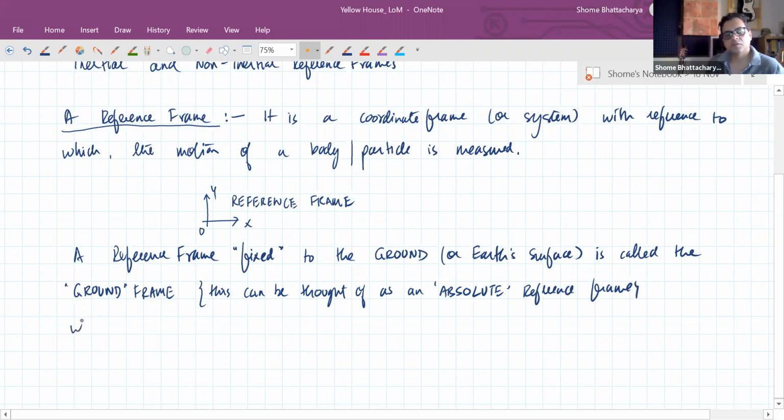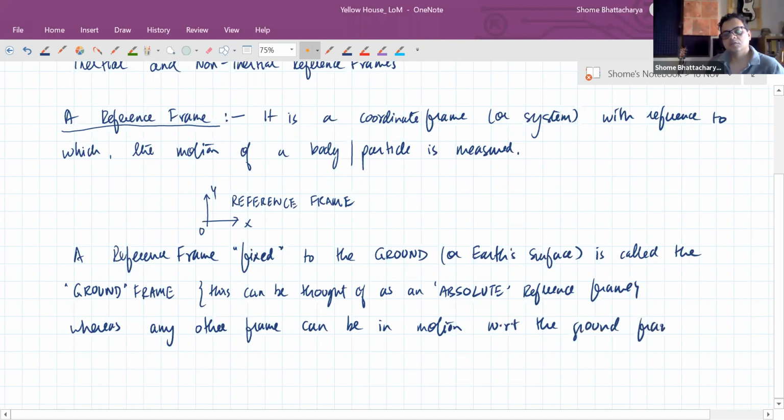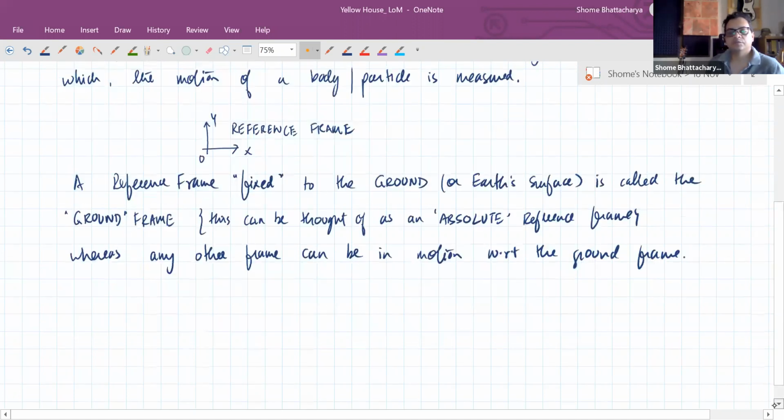Whereas any other frame can be in motion with respect to the ground frame.